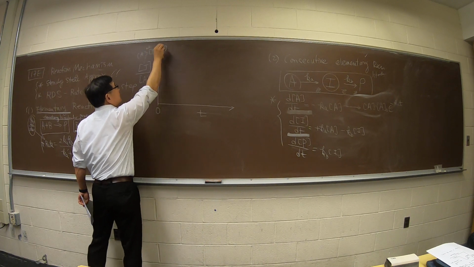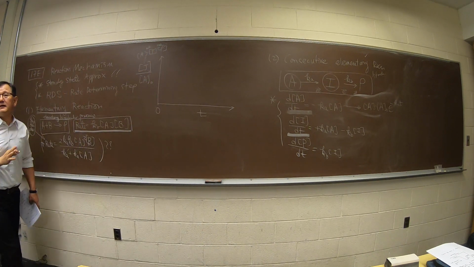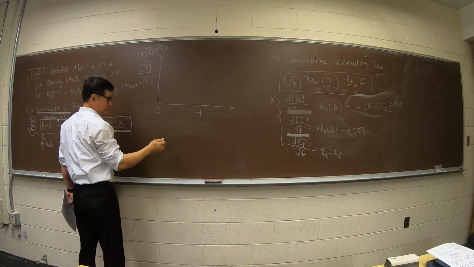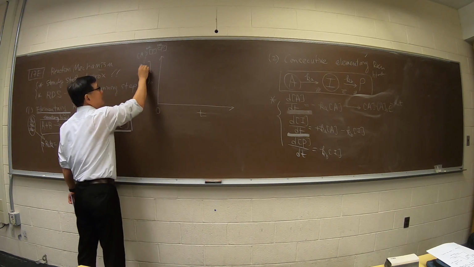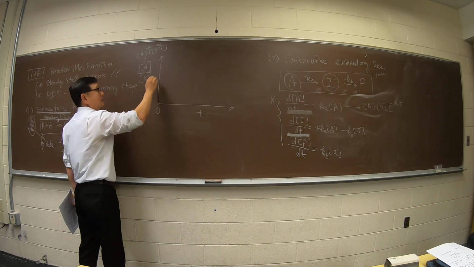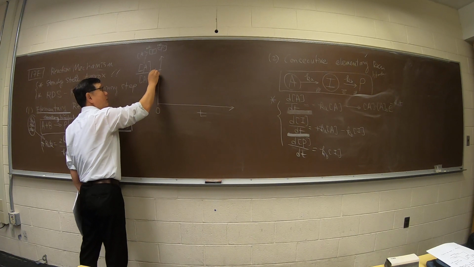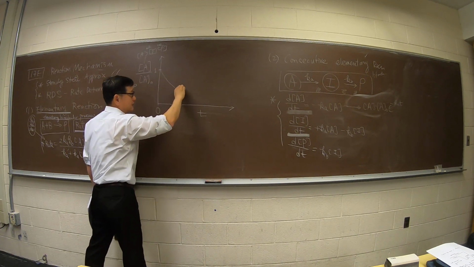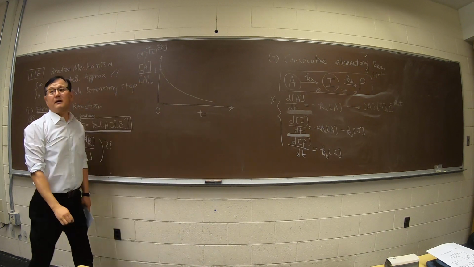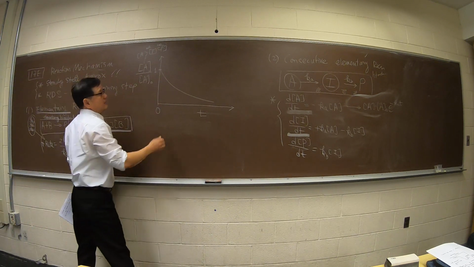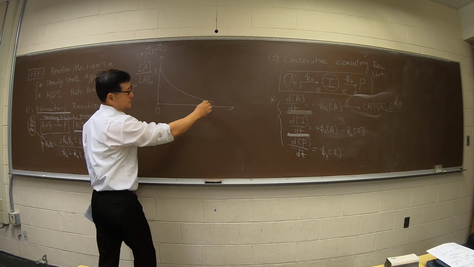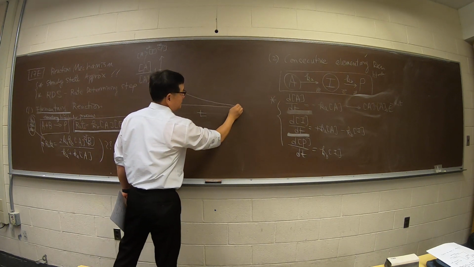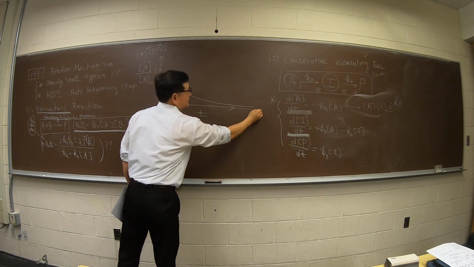I want to draw the three curves. If I do this as A here, I start from 1, and then this one will be the decay function, and it goes down like this.